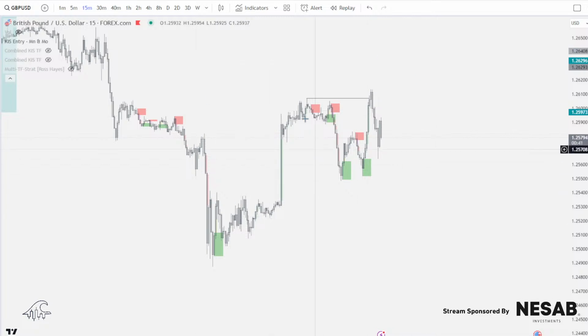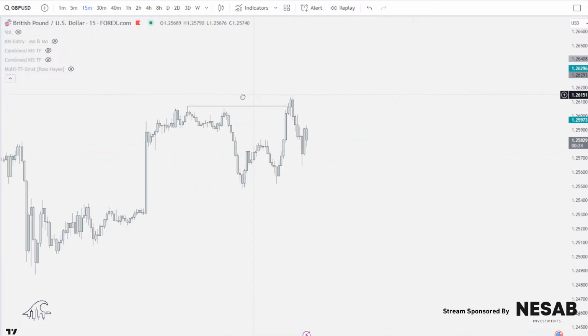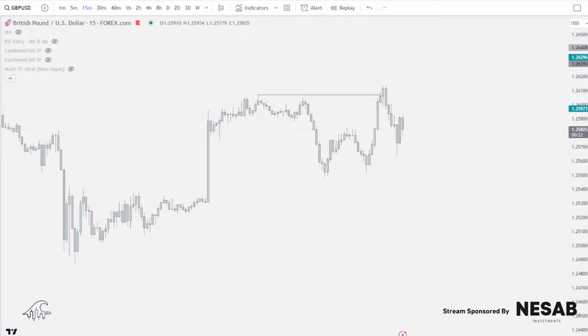So keep that in mind. This indicator will be coming out very soon publicly, so you'll be able to apply it. And this will only highlight points that are valid for the keep it simple entry principle, whether you're long or short. Only going to be showing valid points.